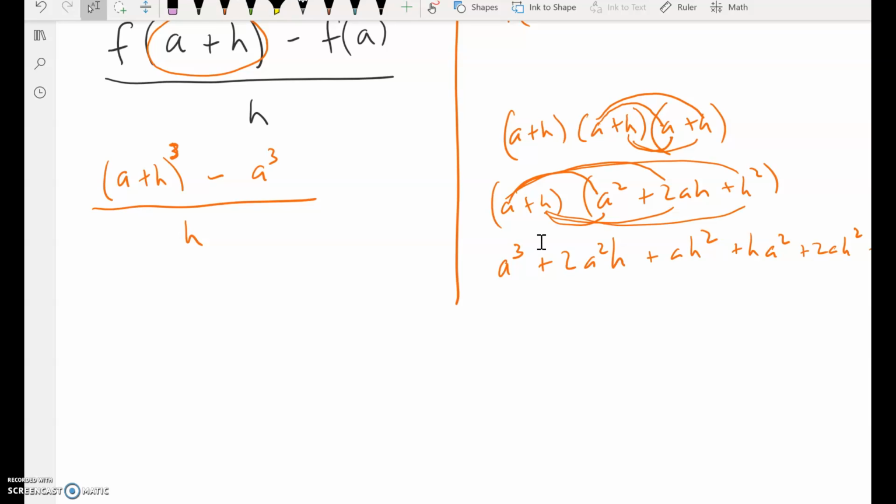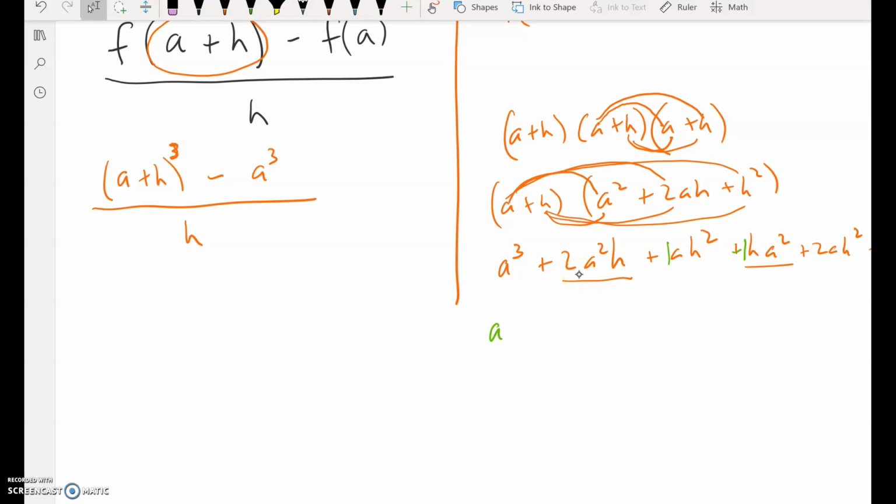Okay, combine like terms. I've got an a squared h and an a squared h right there. Now this is a 1. Remember, anytime you don't have a coefficient in front, it means a 1. Same thing with this h squared. So I've got 2a squared h plus 1a squared h is 3a squared h.